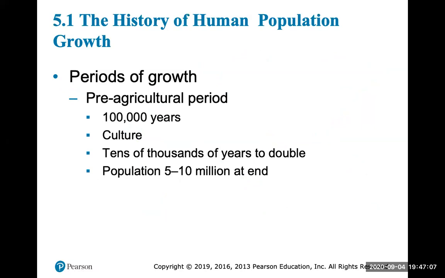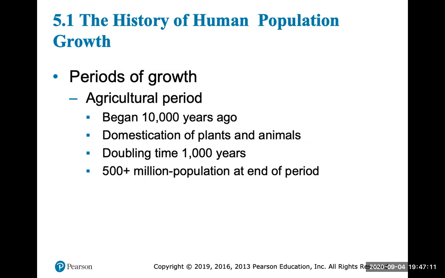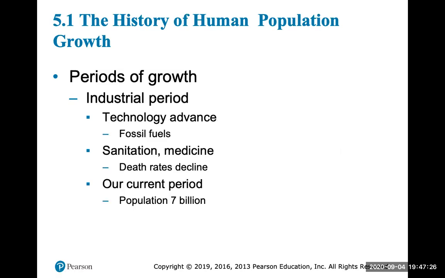So this takes you through the history of human population, the periods of growth from the pre-agricultural period to the agricultural period, which includes the domestication of plants and animals. That just means this is when people started growing plants for food and breeding animals for food as well, or other trading items. Then the industrial period with all the technology advances, the sanitation, the medicine.